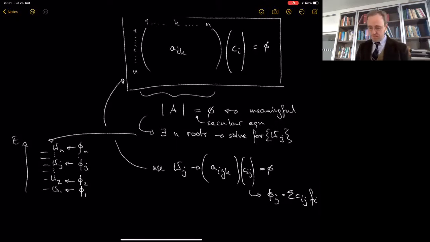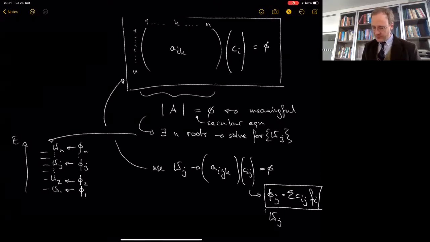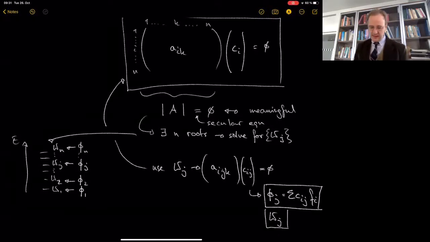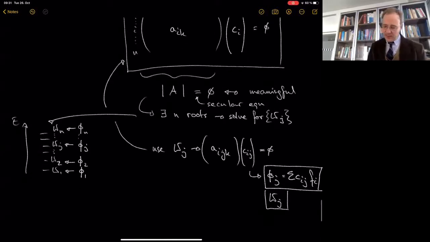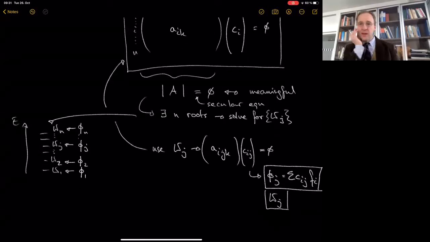Okay. So this is the wave function for your state j. The energy is, of course, what you've used in your matrix to get there. So what you see here is what's working under the hood.